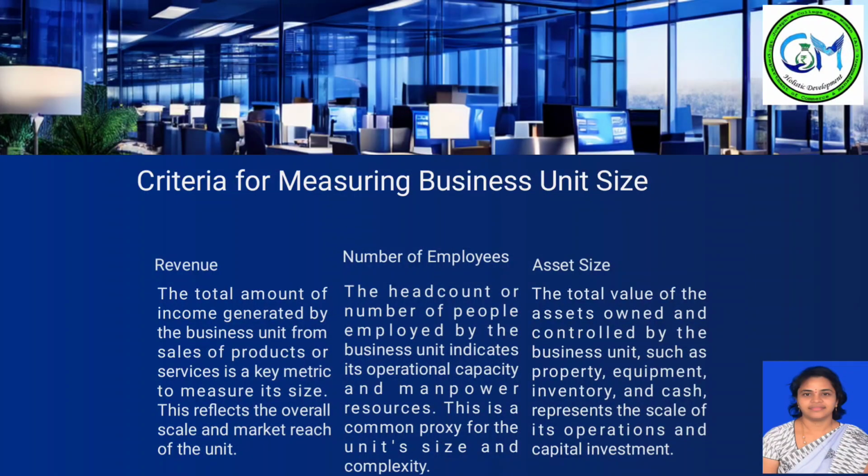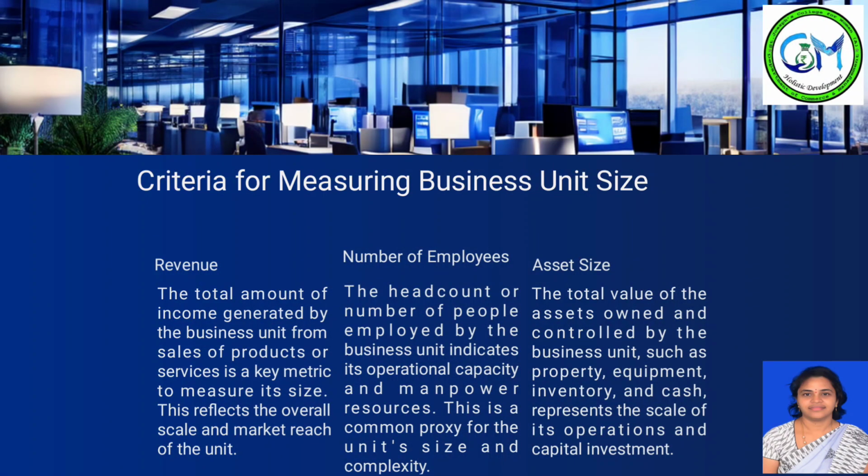Number of employees, the head count or number of people employed by the business unit, indicates its operational capacity and manpower resources. This is a common proxy for the unit size and complexity.